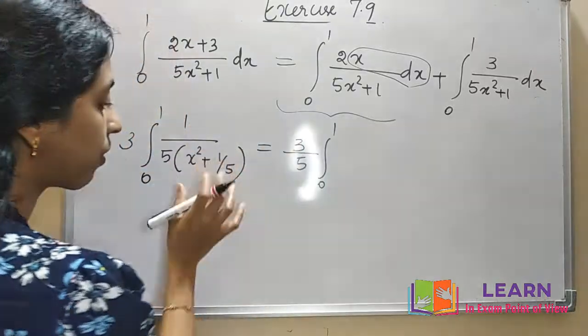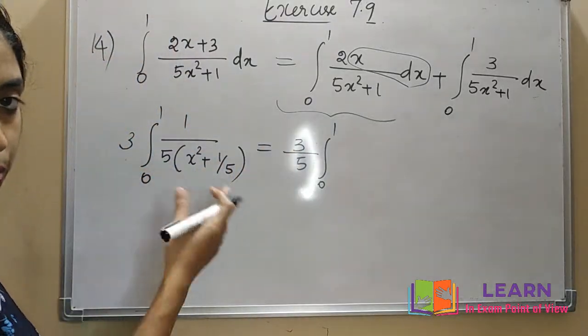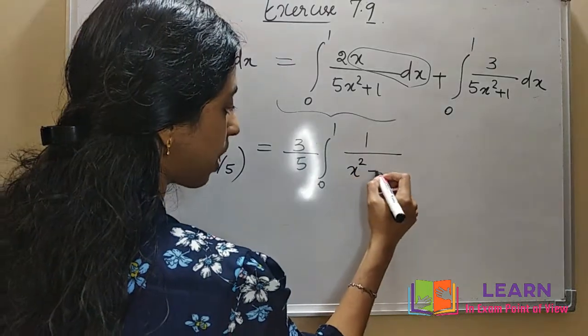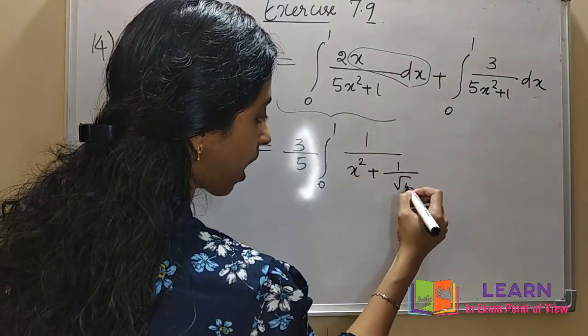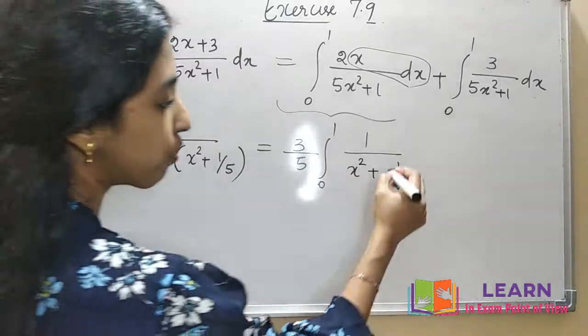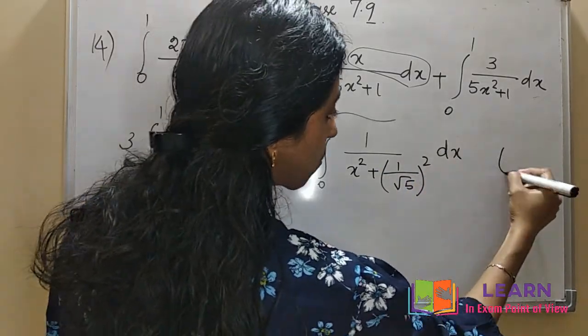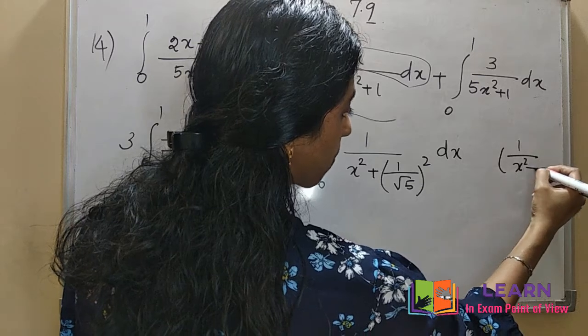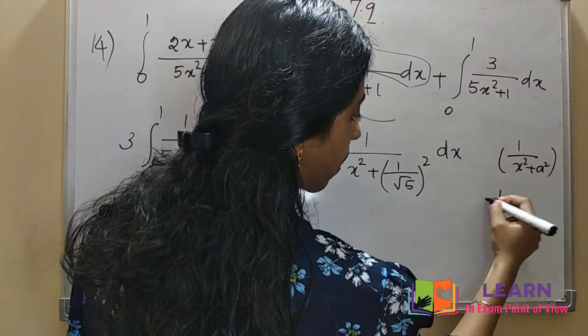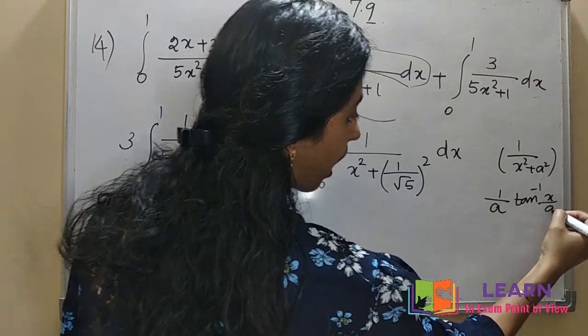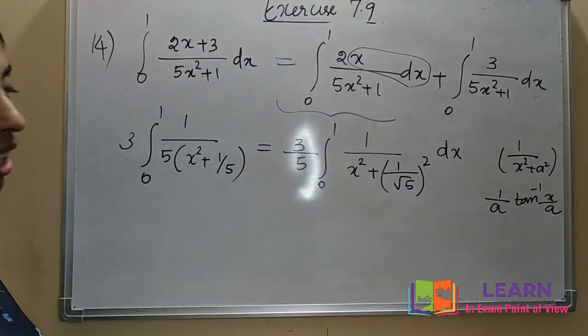We have studied how to integrate this one. So 1 by x square plus 1 by 5 can be written as 1 by x square plus 1 by root 5 the whole square dx. Now it is of the form 1 by x square plus a square, which is 1 by a tan inverse x by a form, right?